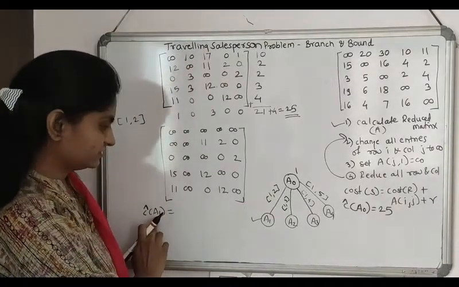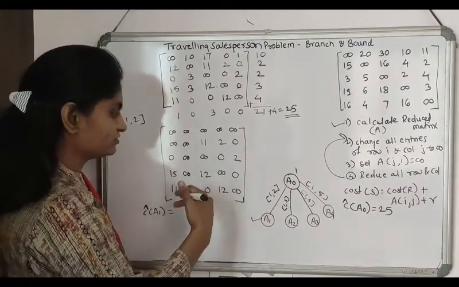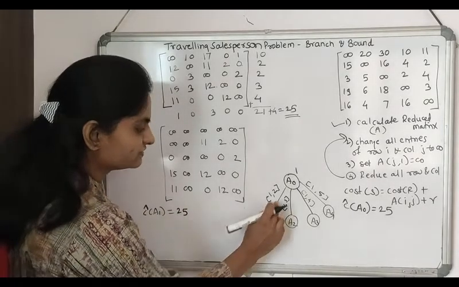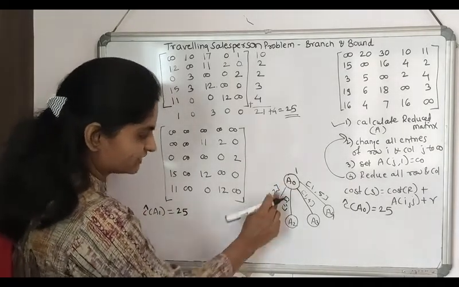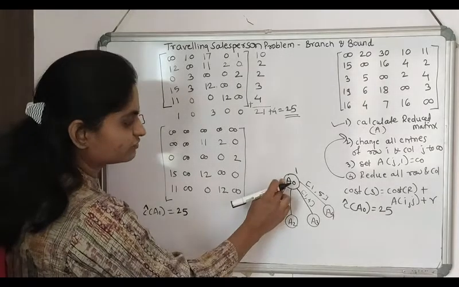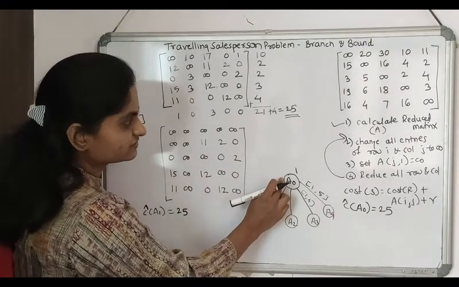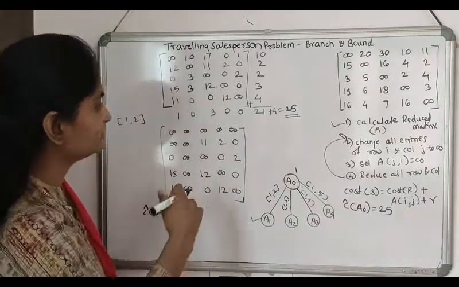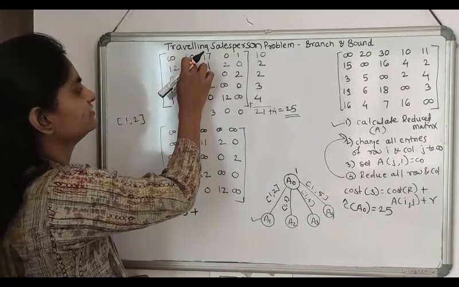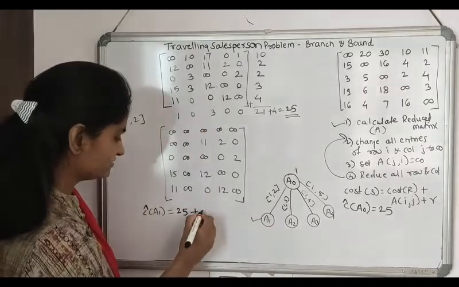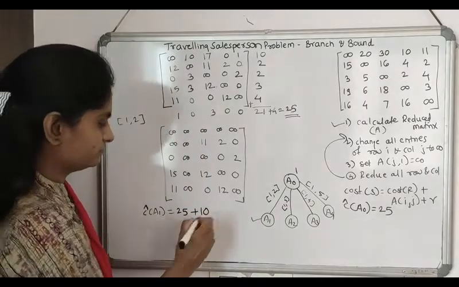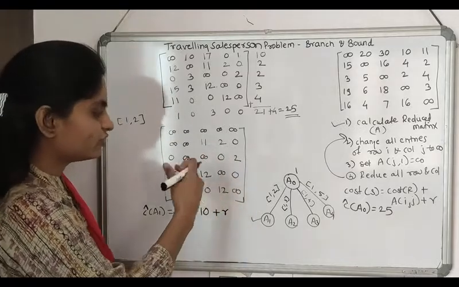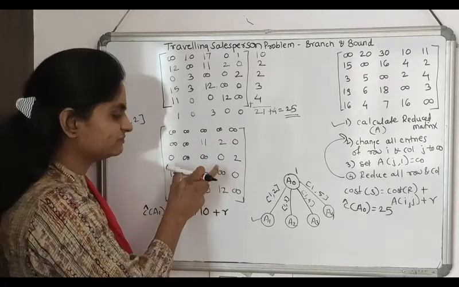C cap of A1 is equal to the cost of the previous reduced matrix, which is 25, because the path is from A0 to A1, that is 1 to 2. Therefore we add the cost 25, plus A of ij, the value in the previous matrix for 1 to 2, which is 10, plus R, the sum of all the reductions applied to this matrix.